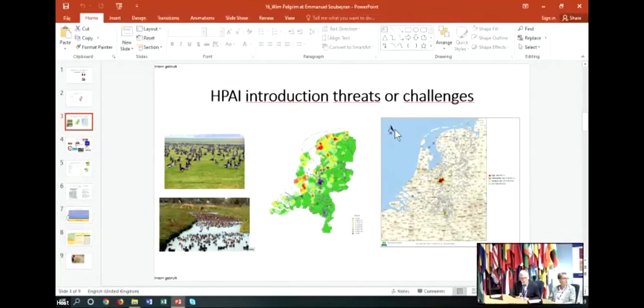So it seems easy to designate a vaccination strategy, but if you go into the details, all kinds of problems pop up. And it was said before, one country should start, but it is difficult for an exporting country to start. Thank you.